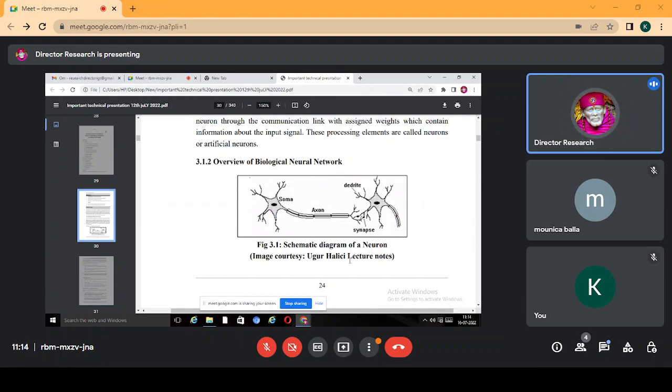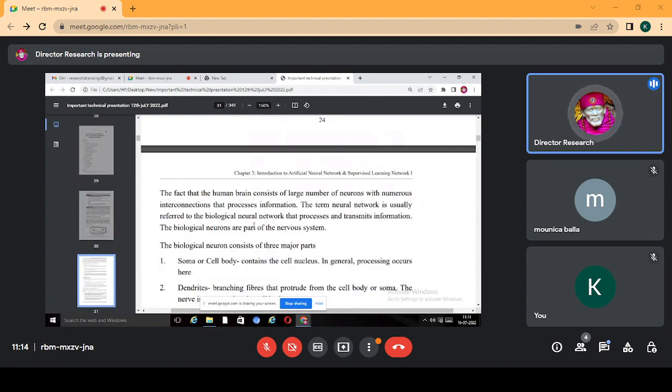Schematic diagram of neuron. Okay, so here the fact is that the human brain consists of a large number of neurons. The human brain itself consists of a large number of neurons with numerous interconnections that process information.